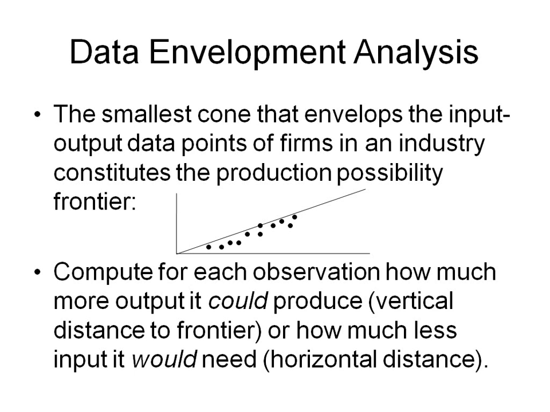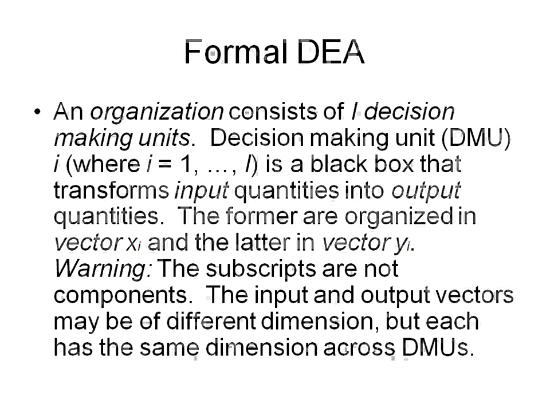This is data envelopment analysis in a nutshell. So all we have to do is to generalize this idea to the case where you have more inputs, more outputs, and an arbitrary number of firms.